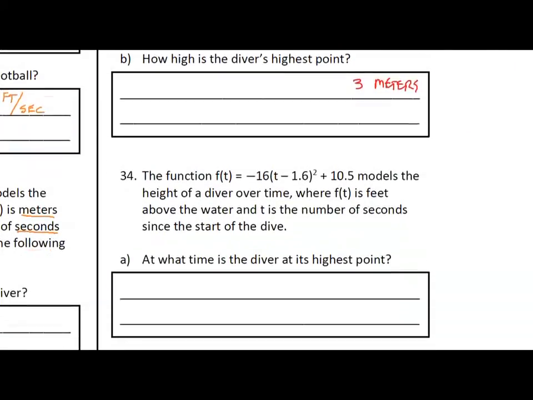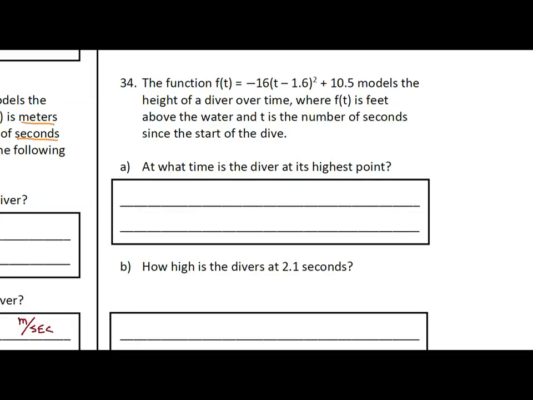All right. Number 34. The function f of t that is also in vertex form, I'm going to label my values here. A, and then here's my h value, and here's my k value. Okay, f of t is in feet, and t is the number of seconds.